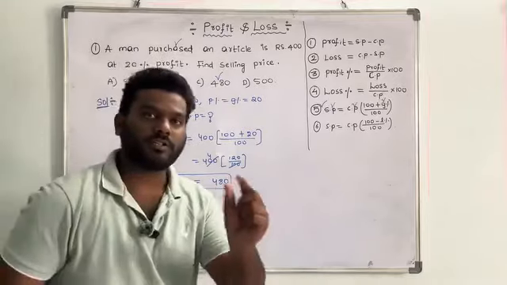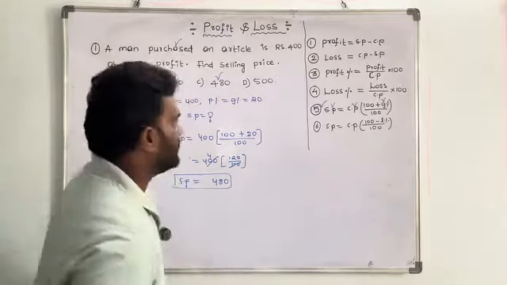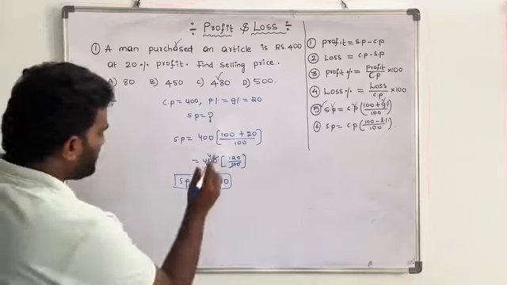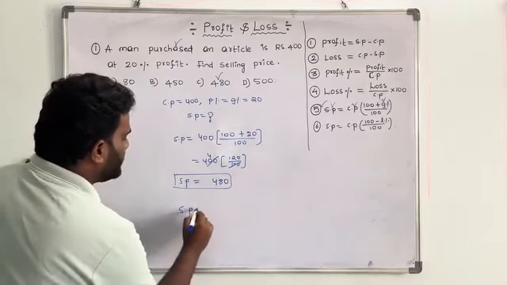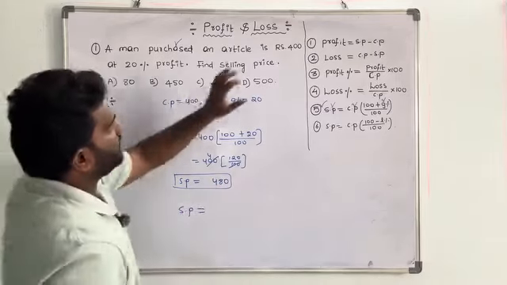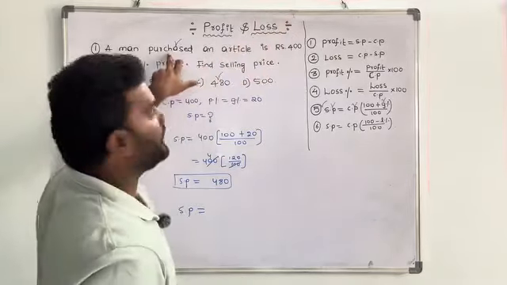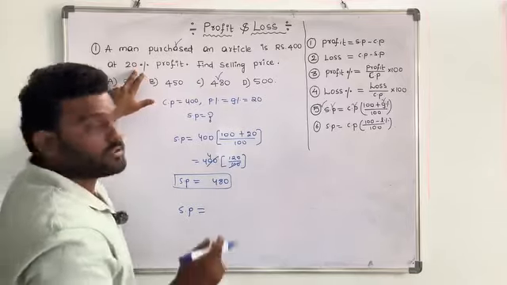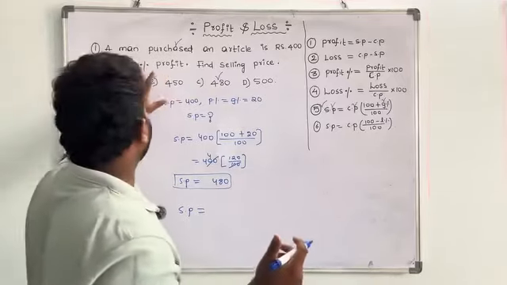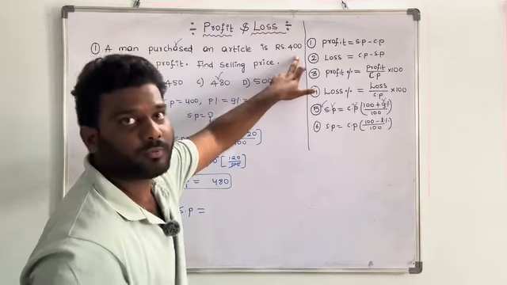Now I will tell you the short trick to solve this question. Since we need to find the selling price, he purchased an article for 400 and got 20% profit. 20% profit of what? 20% profit is always of the cost price.